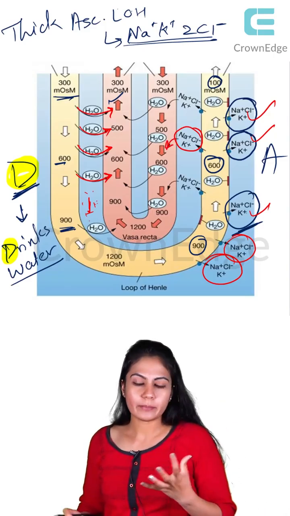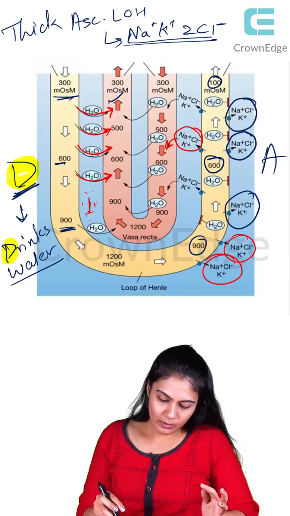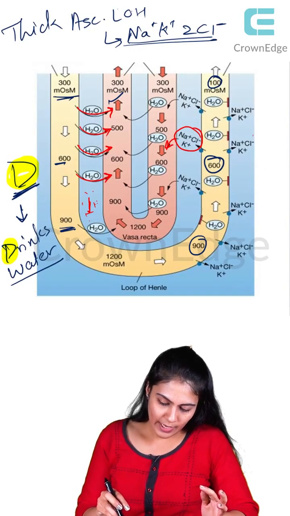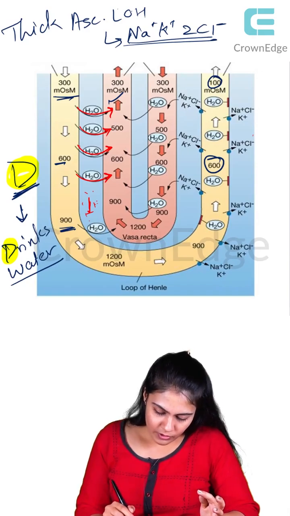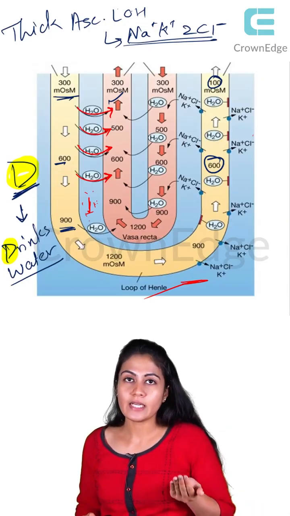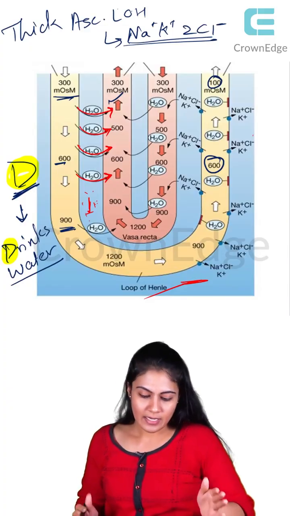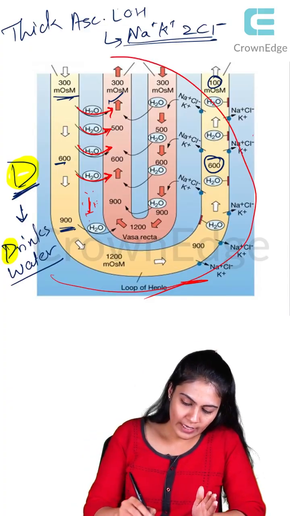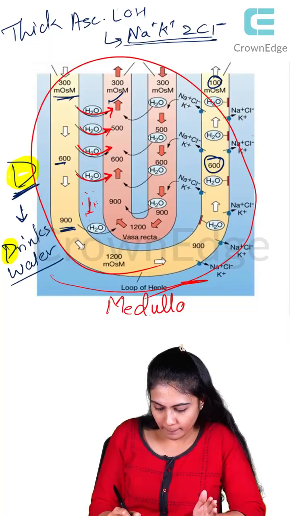So what will happen due to this? If sodium, potassium, chloride and all those ions are inside the interstitium, the interstitial osmolarity is going to get increased, right? We know that the loop of Henle is the part in the medulla.